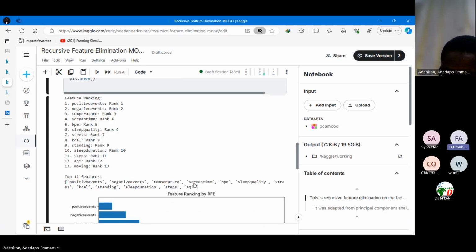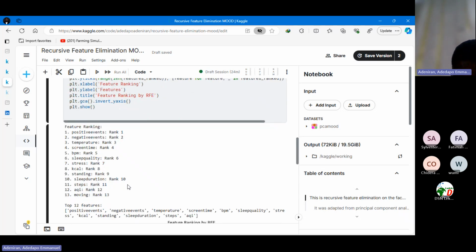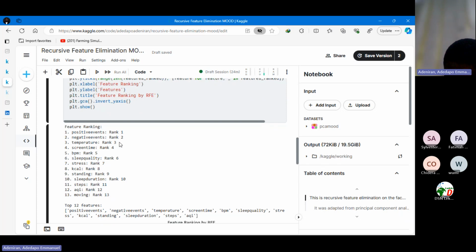Yes, sir. So you said you were removing each feature one by one. So what the mean squared error gives is what you're using to rank it. Yes, definitely. As it's removing each feature, it's going to use the mean squared error to rank the performance of the model each time you remove the feature.